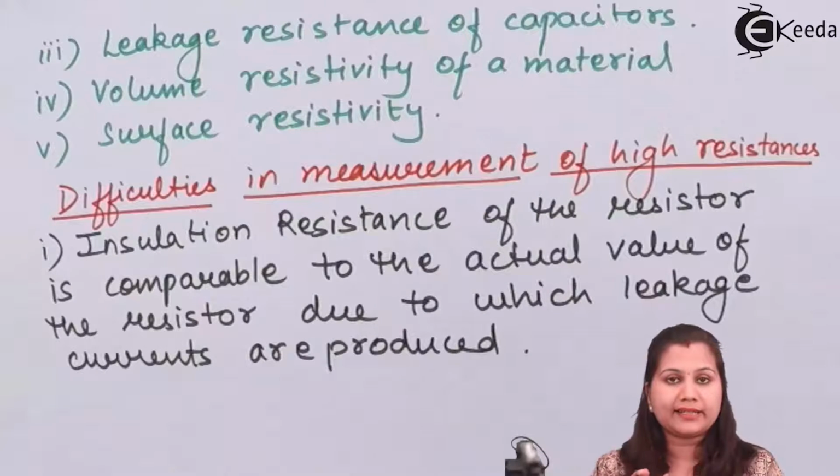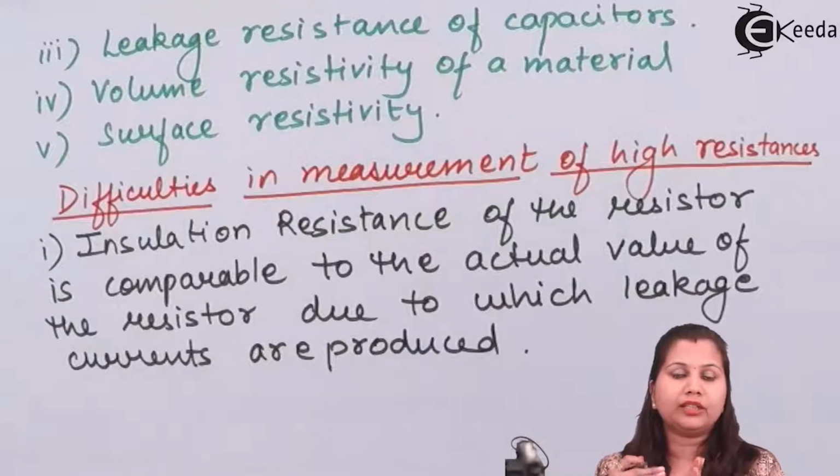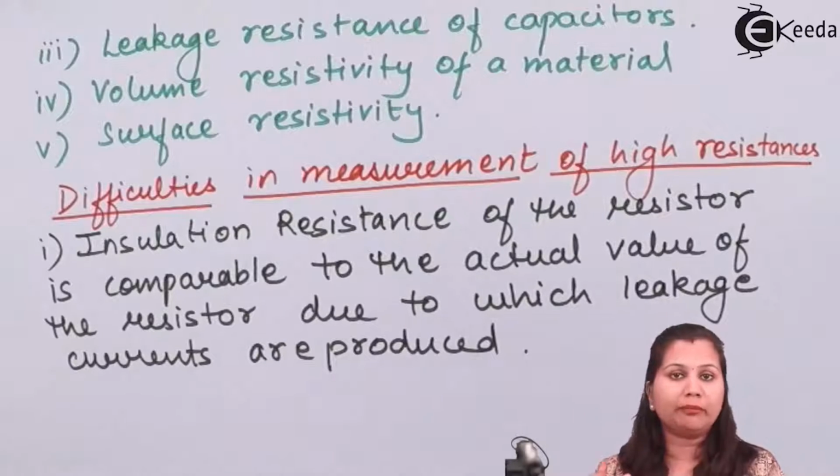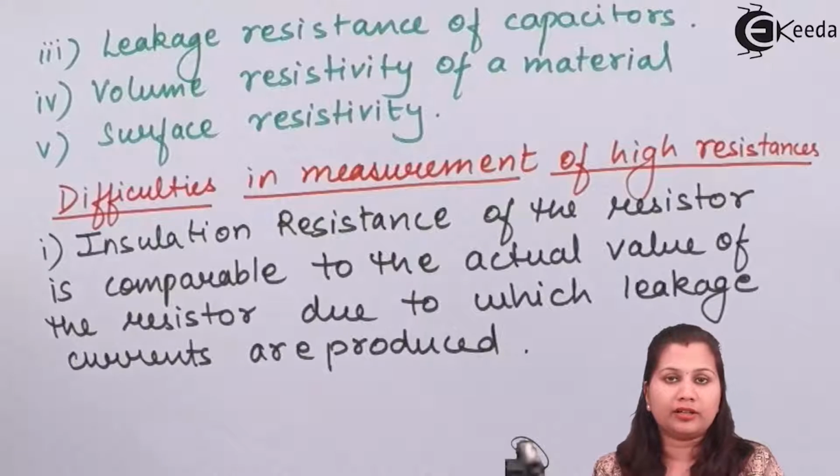The high resistances are coated with an insulating material, and that insulating material will also have a resistance which is called the insulation resistance. Now this insulation resistance is comparable to the value of the actual resistor which we want to measure. If we are using some method to measure the value of that resistance, the insulation resistance and the actual resistor are of the same value, so leakage current is produced.